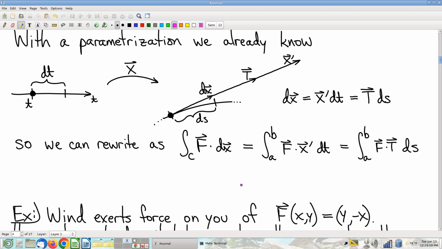Now, for your consideration, this one's my favorite for kind of general business. If you're going to write down a vector line integral, I find that the most compact, for one thing. I also find it to be the most, I'm going to say, obvious, in the sense that this dx here is telling you everything that you need to know about the corresponding little piece of curve on the piece in question.